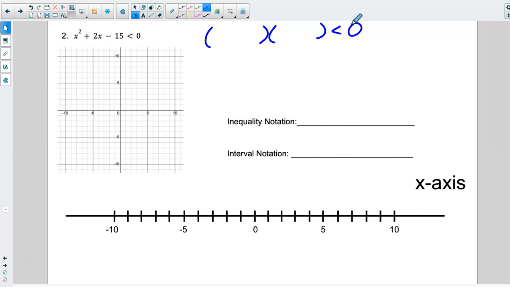What's it factor to? x minus 3, x plus 5. Minus 3 and plus 5. So that means I have x-intercepts of (3, 0) and (-5, 0).